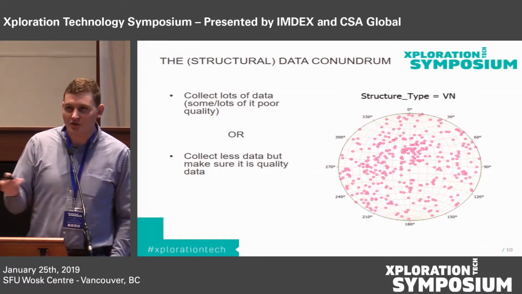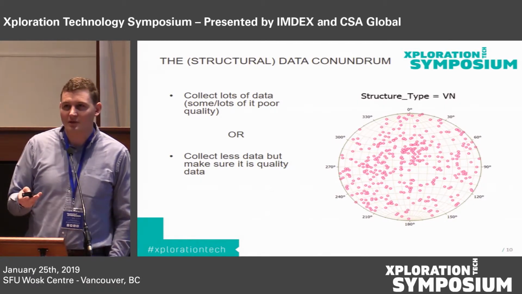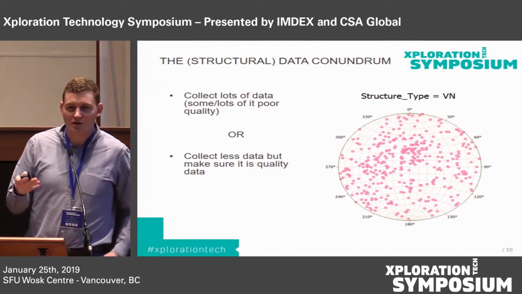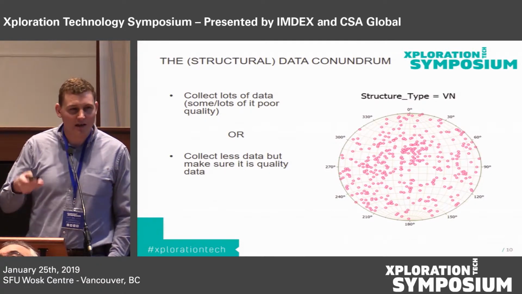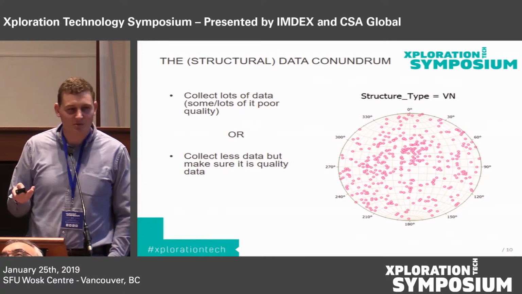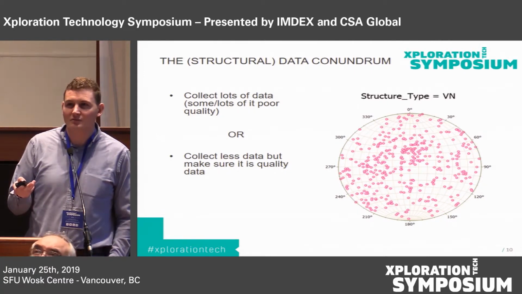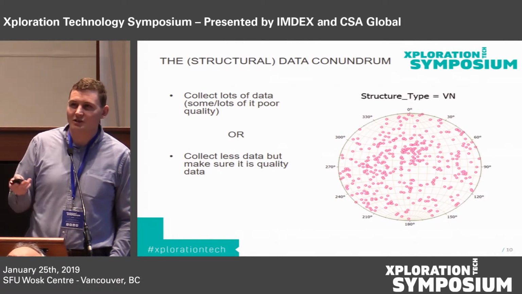And this is so that you avoid what I call the structural data conundrum. So in structural geology, you want to have lots of data. Geological structures are inherently variable, and so you really want to try and get big data sets so that you can do some statistical work on them. But if you don't collect data appropriately, you'll end up with a situation like this.